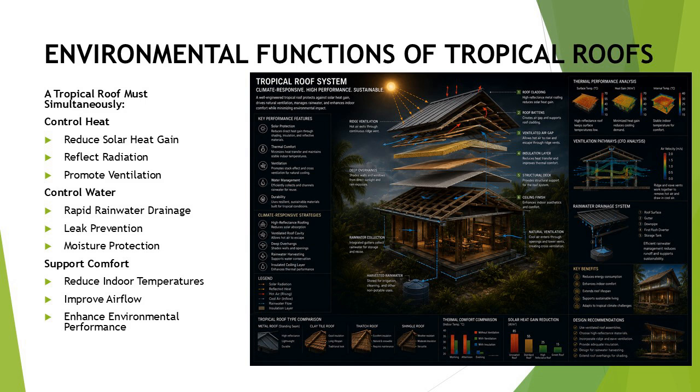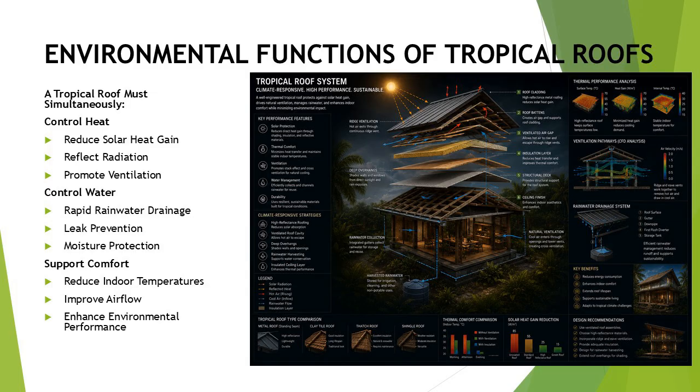So let us examine each function. Heat management is perhaps the most critical. Without proper design, solar radiation heats roof surfaces dramatically. This heat eventually transfers indoors. Consequently, indoor temperature rises and cooling demands increase.